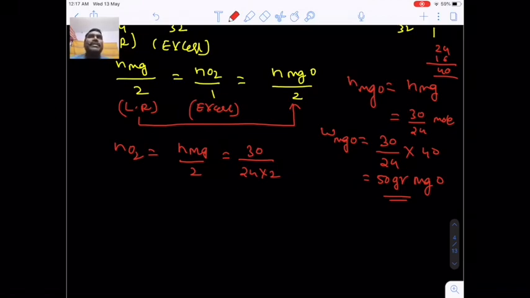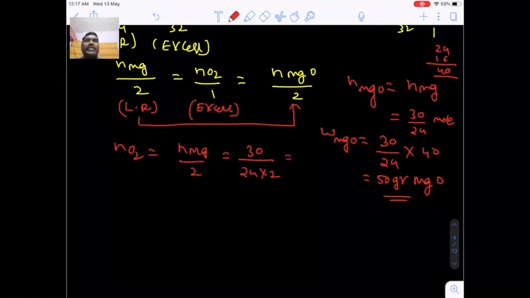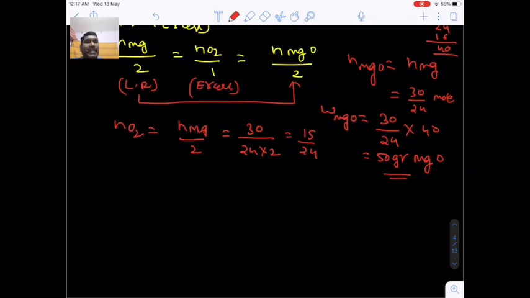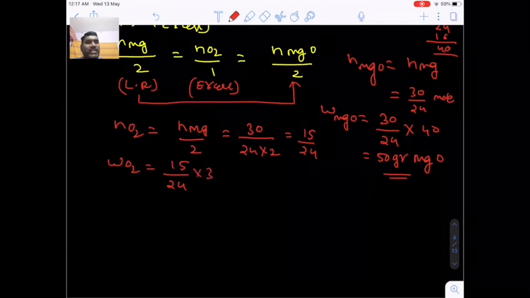Are you getting my point? Now this will be the number of moles of O2, which is 15 by 24. Now I have to calculate the weight of O2. Weight of O2 is equal to the number of moles of O2 multiplied by its molar mass, which is 32. Okay, that means 20 grams of O2.